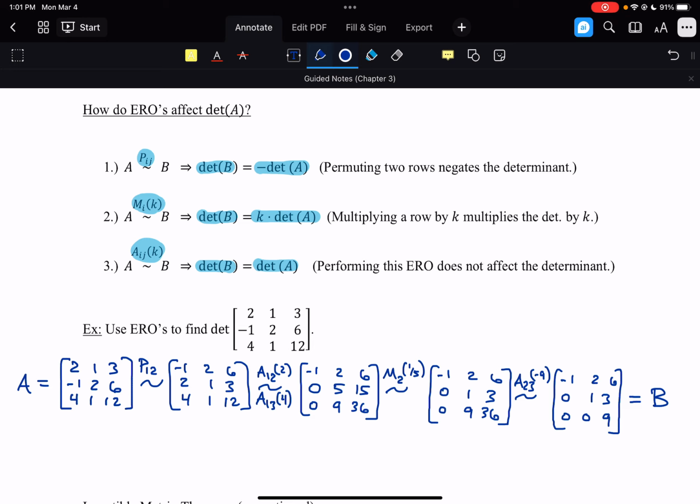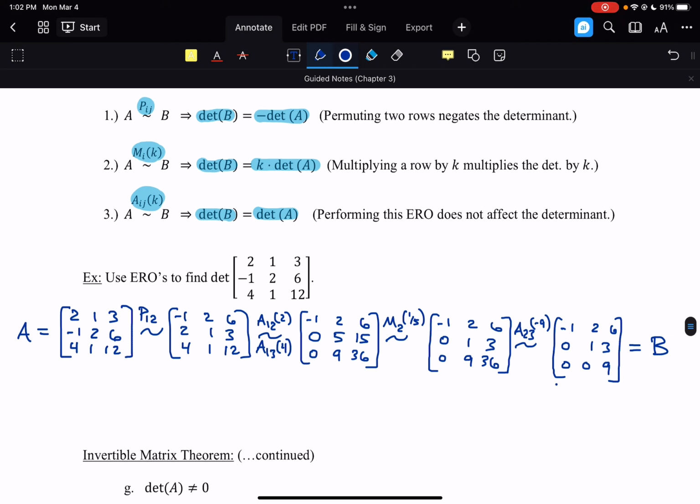So what we can do with this now is calculate the determinant of B and work backwards. For this determinant, we multiply all the terms on the main diagonal. So that's negative 1 times 1 times 9. So the determinant of B is negative 9.